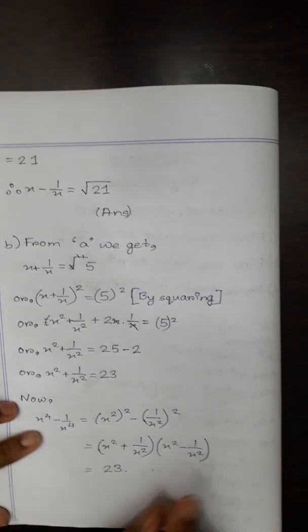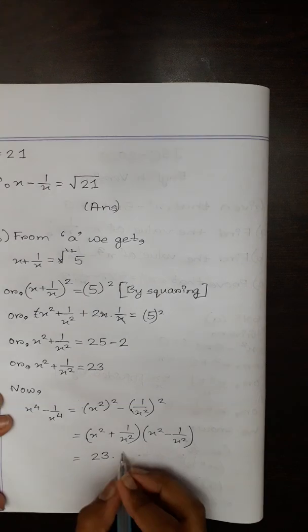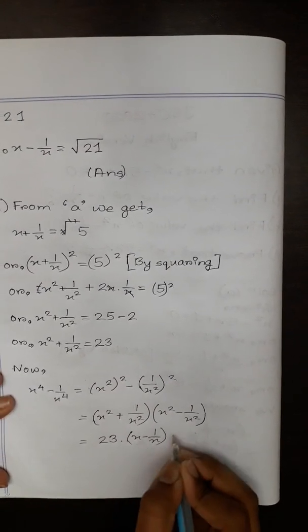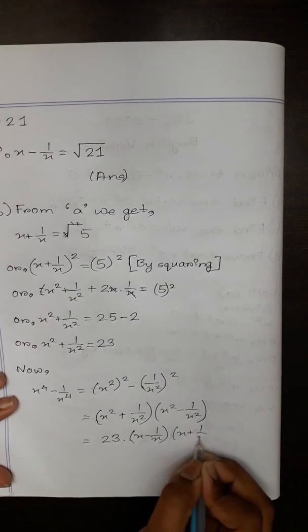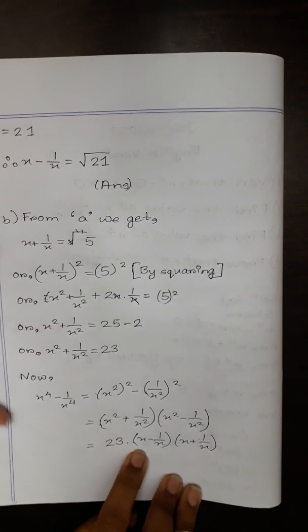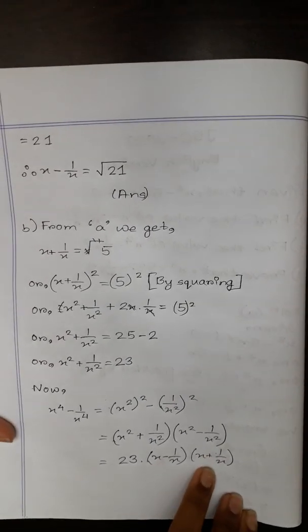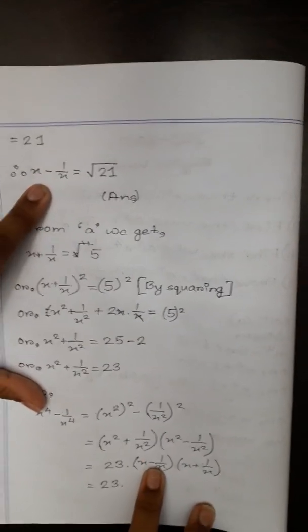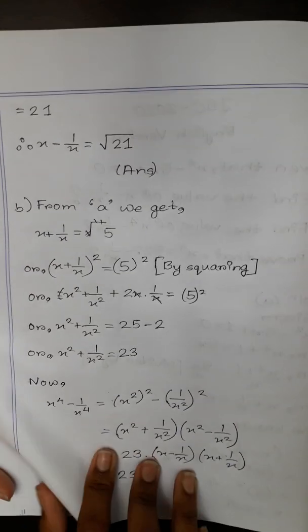And now we already got the value. Did we? No, actually we didn't. So it's required to find the value of it. It's easy, by the way. x minus 1/x and x plus 1/x. So we did get the value of it. Let me show. x minus 1/x is equal to root over 21, and x plus 1/x is equal to 5.